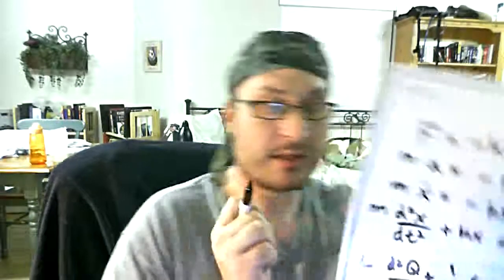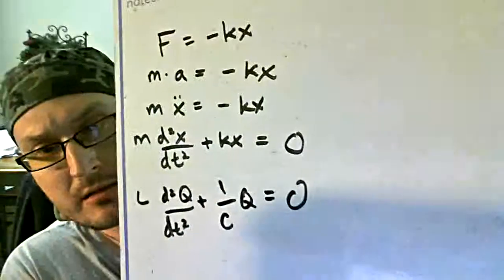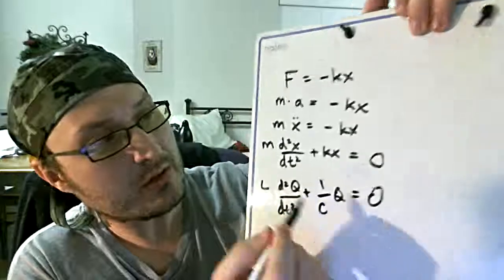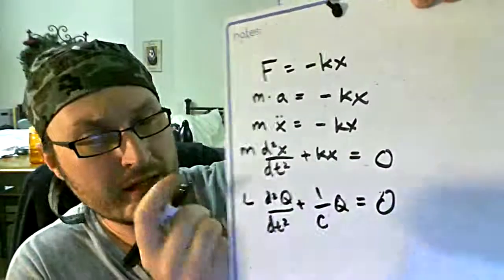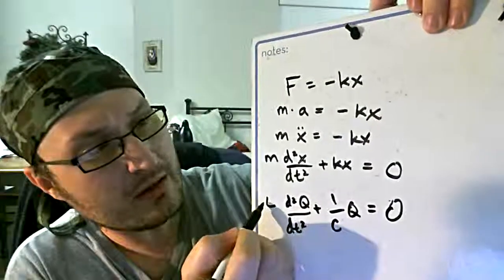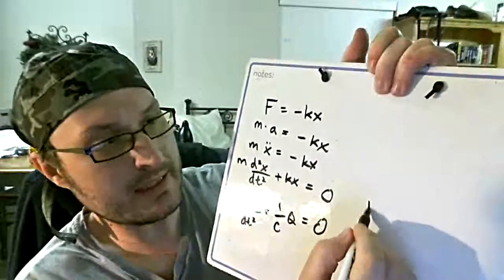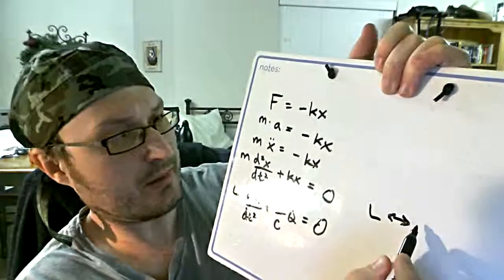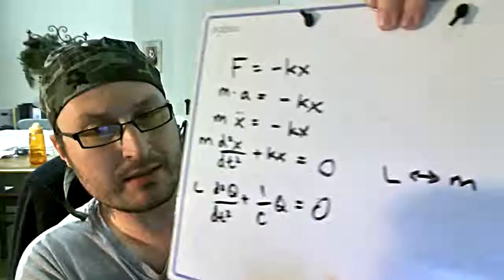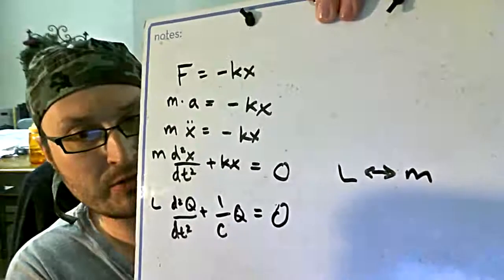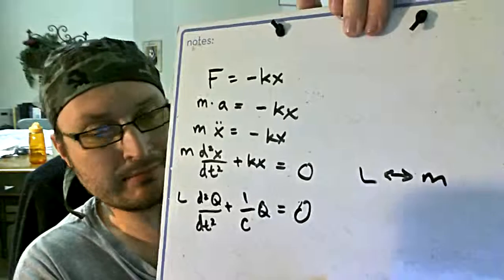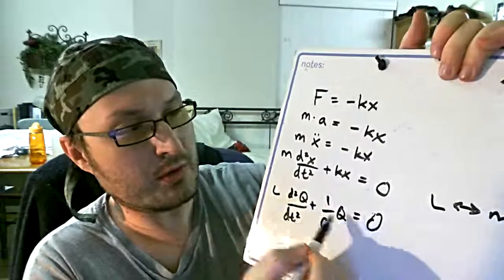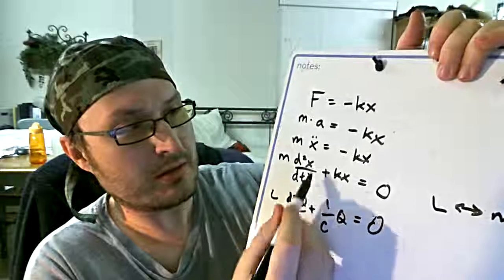I've got that all right. So there you go. Now you can compare those two. Where I have L, up here I see m. I could use an arrow, some type of arrow, just to show that I'm comparing them. Where I see Q here, I see x up here.